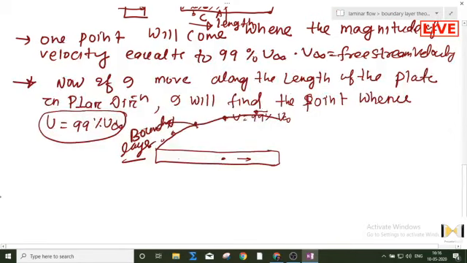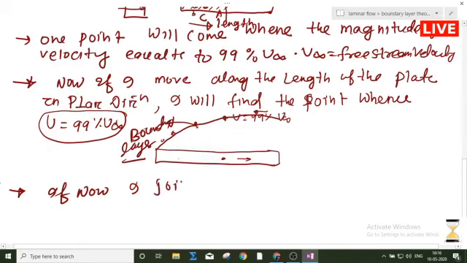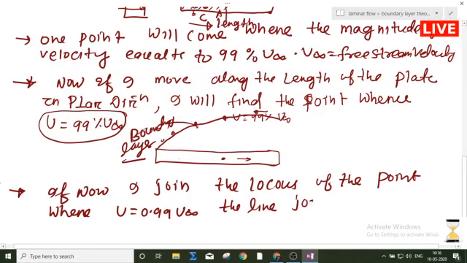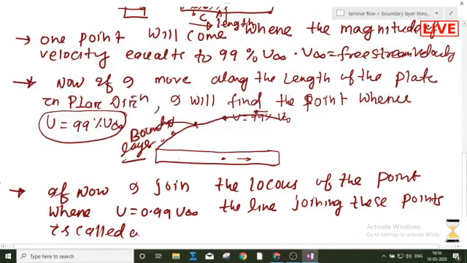So now I can write down: if I join the locus of the points where the velocity is equal to 99% of the free stream velocity, the line joining these points is called the boundary layer.